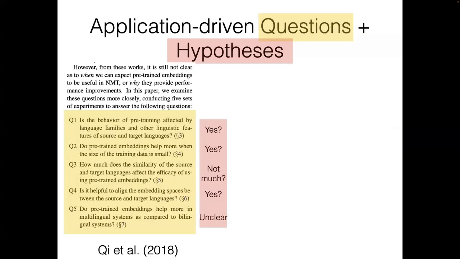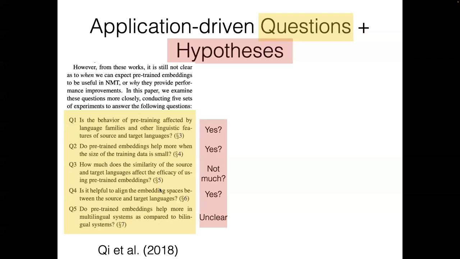Other times you'll see questions explicitly listed out like this. And here you can see that they're linking to specific sections of their experiments. If you're able to go through the exercise of doing this, it can be very helpful for structuring your experiments and communicating the results.